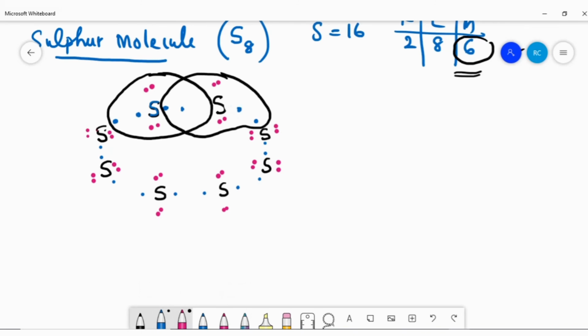Then the next one. In this way, you need to complete all the circles. You need to remember only one thing: whenever you are drawing a circle, make sure you have included 8 electrons within each circle. That is the only requirement you need to check.